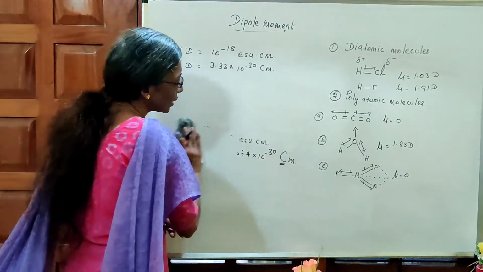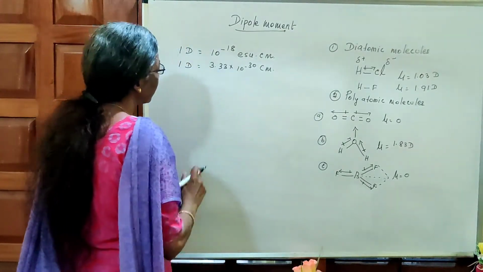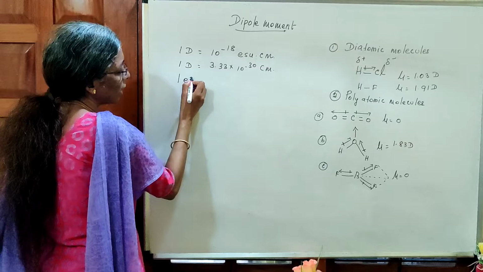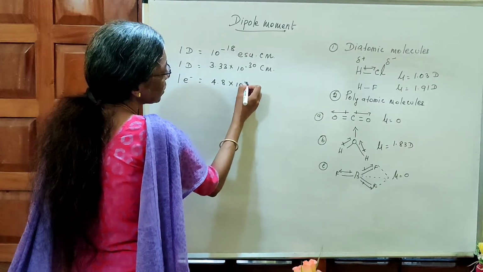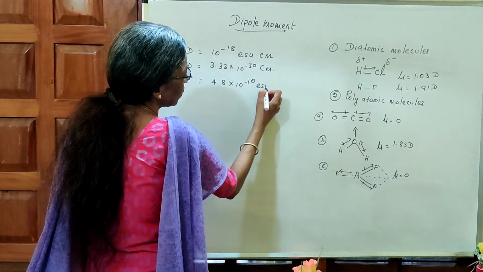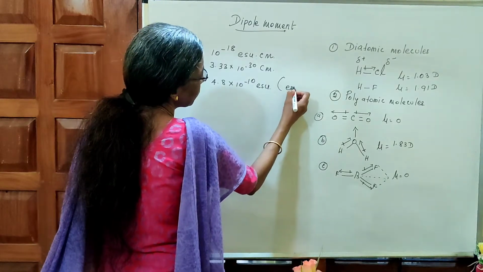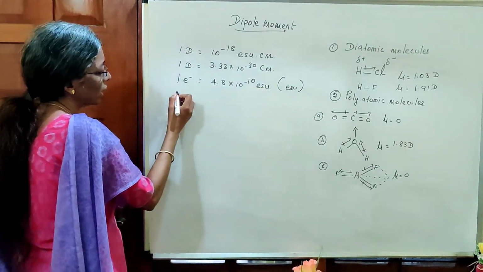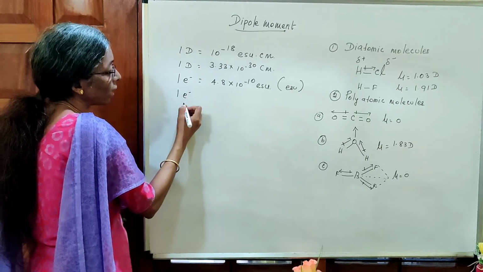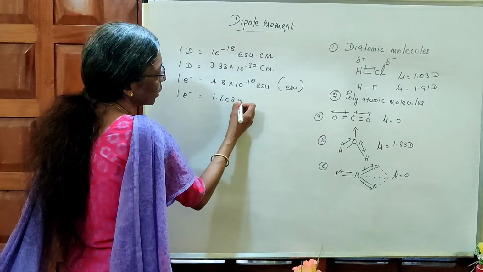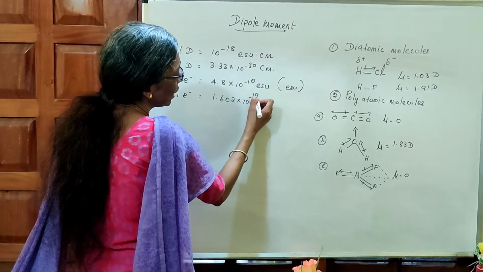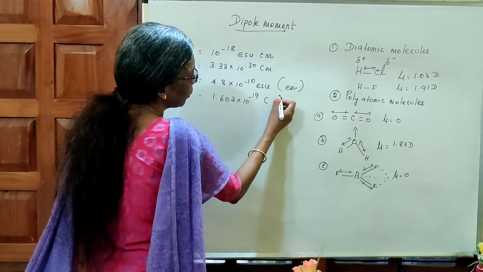Let us see the charge of one electron. One electron charge is equal to 4.8 into 10 raised to minus 10 ESU. That is in ESU. Then the charge of one electron in coulombs is 1.602 into 10 raised to minus 19 coulomb.